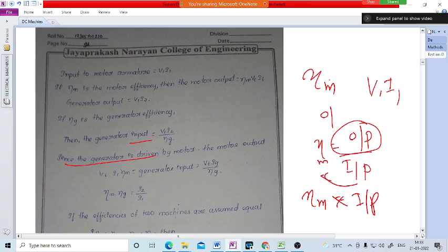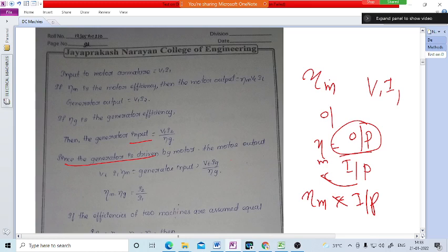The efficiencies of the two machines are assumed to be equal. Our machines, the motor and generator, are identical. So efficiency square is equal to I2 by I1, where I2 is the generator armature current and I1 is the motor armature current.